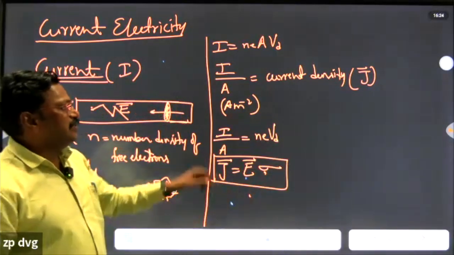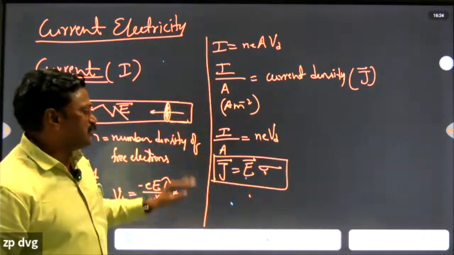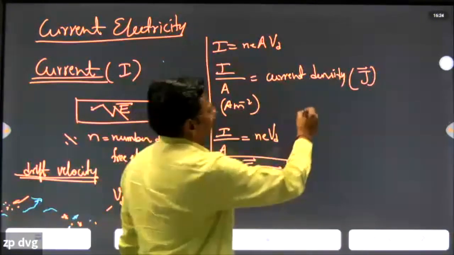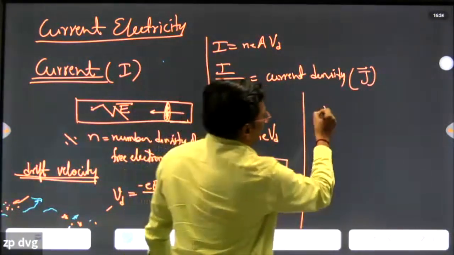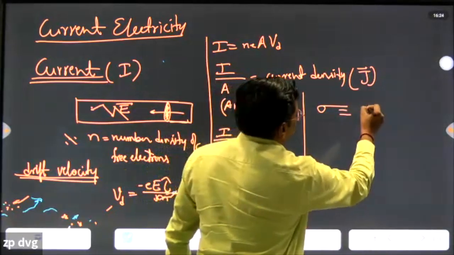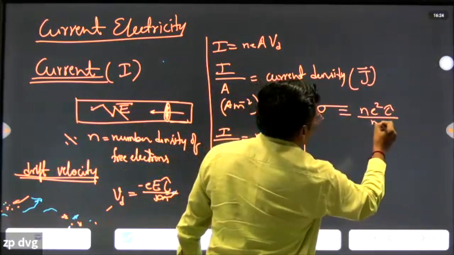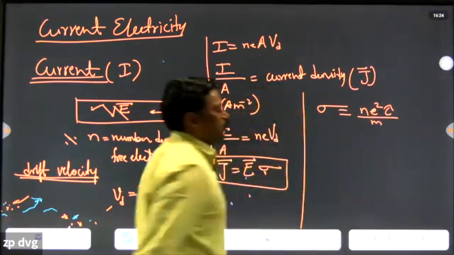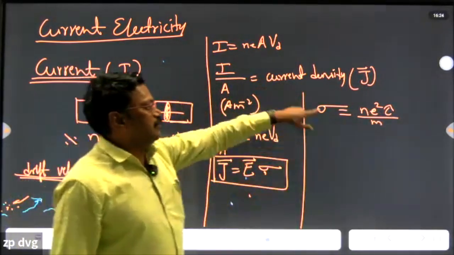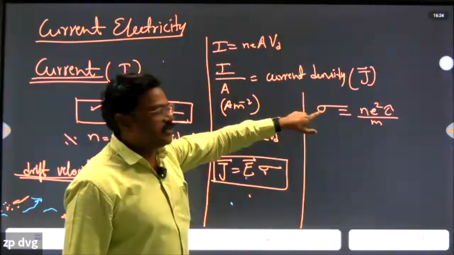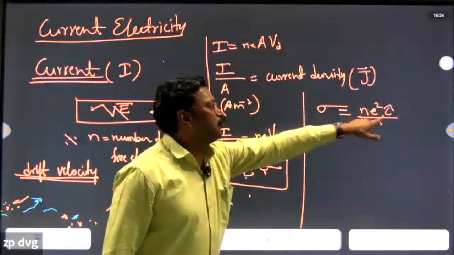Okay, now let me also list other formulas that we discussed in this topic. That is the definition of sigma. Sigma can be defined in terms of n e square tau by m. So sigma, the conductivity of the conductor, is given by n e square tau by m.